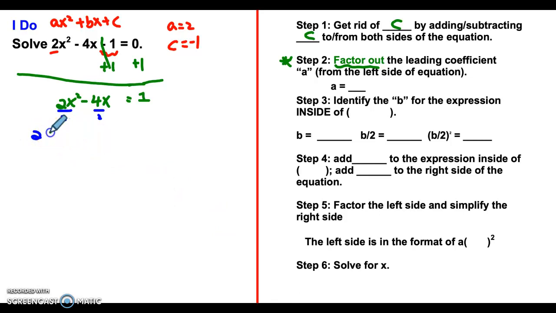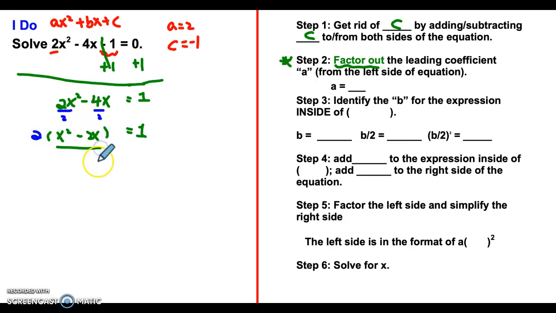When you take out 2, right away set up a parenthesis, so you have x squared here, then you have 2x, because 4x divided by 2 gives you 2x, equal to 1. Now I don't even care about 2 right now.